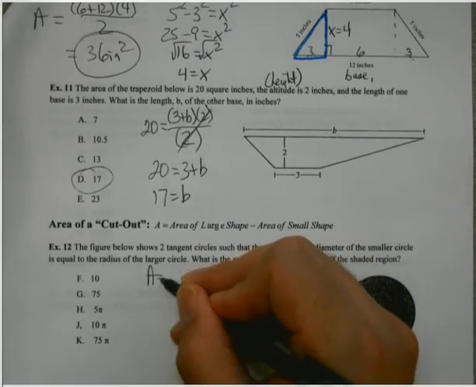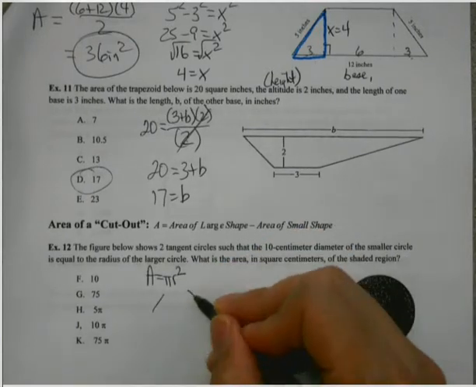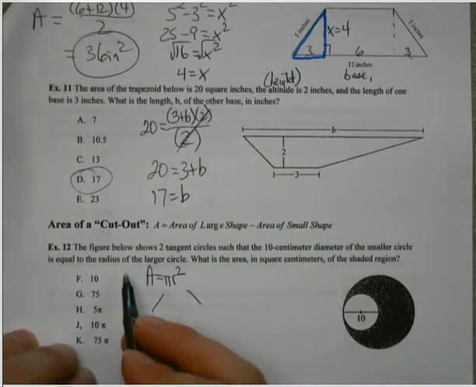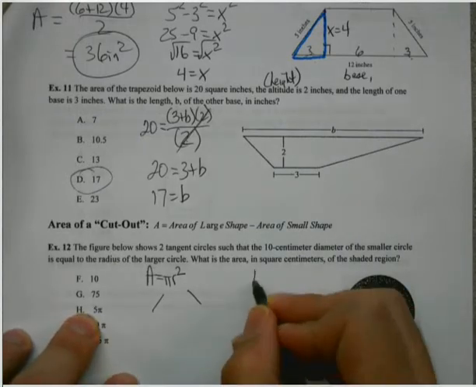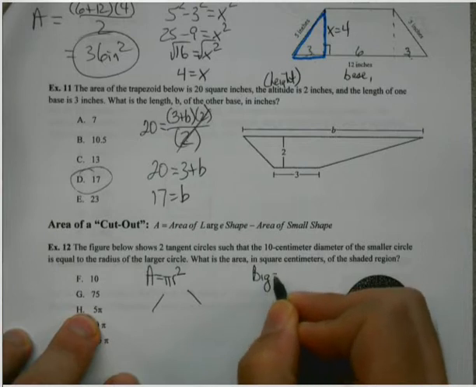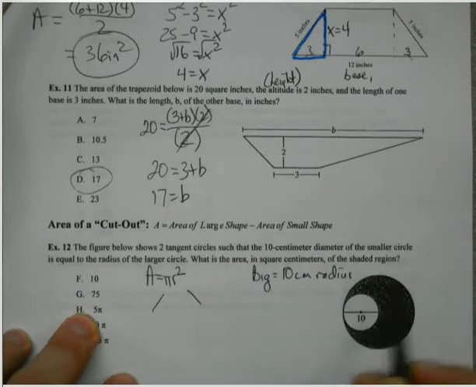We know the area of a circle is pi r squared. So for the big one, the radius is going to be 10, because that's my big circle. So in the big circle, we've got a 10 centimeter radius. So it goes from here to here, all the way across.